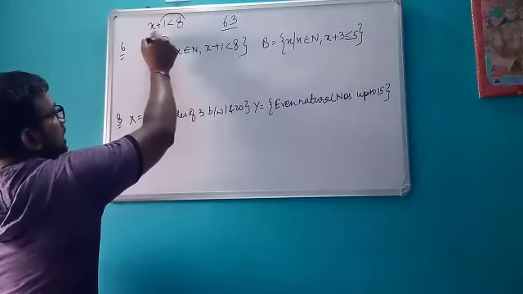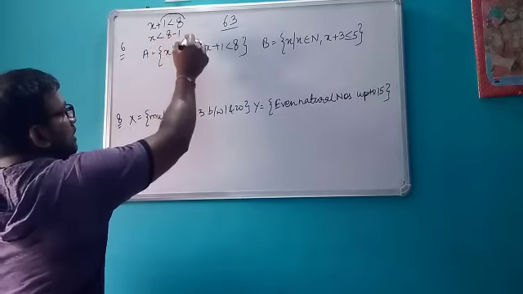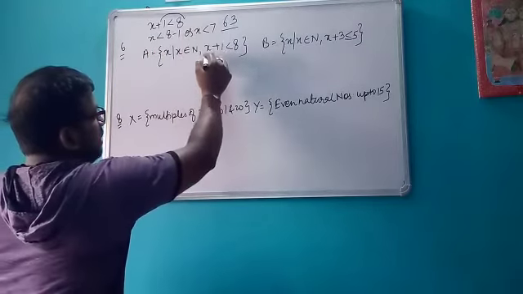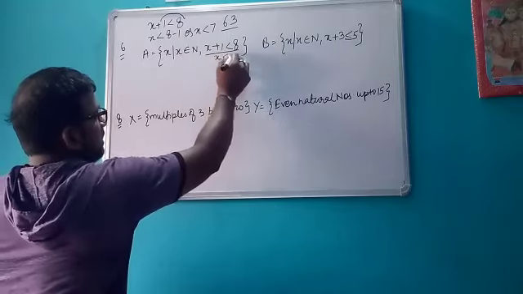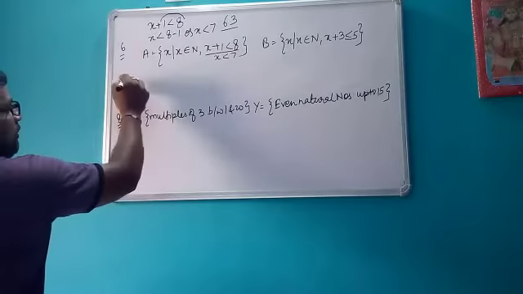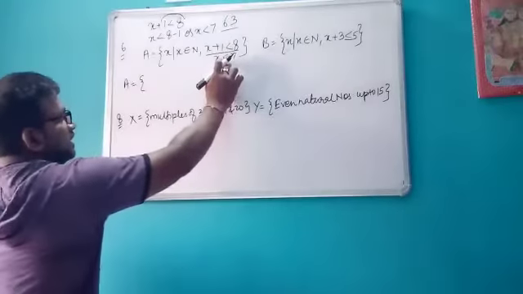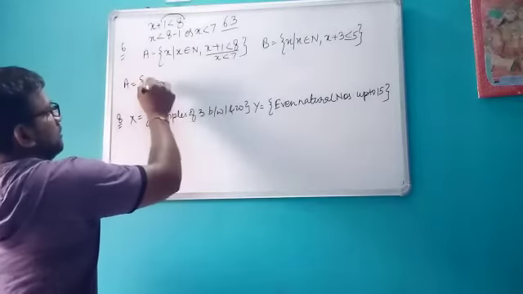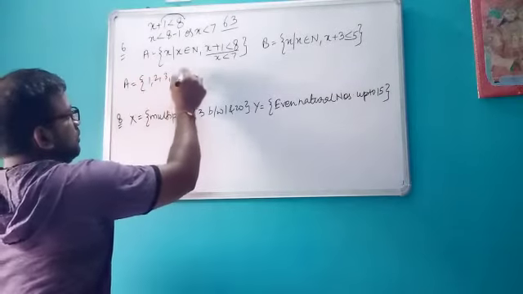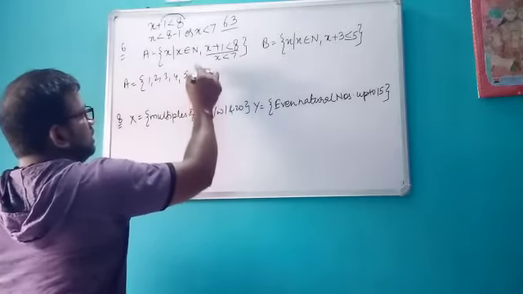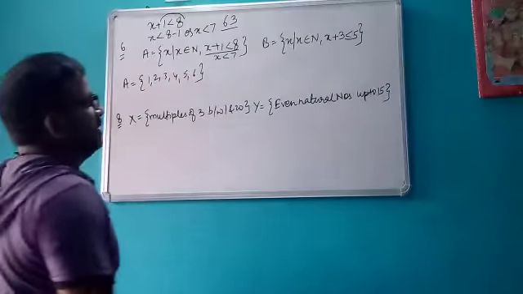It becomes x less than 8 minus 1 or x less than 7. That means it is actually x less than 7. So we have to write all the natural numbers which are less than 7. That is 1, 2, 3, 4, 5, 6 and only till 6 because it is less than.